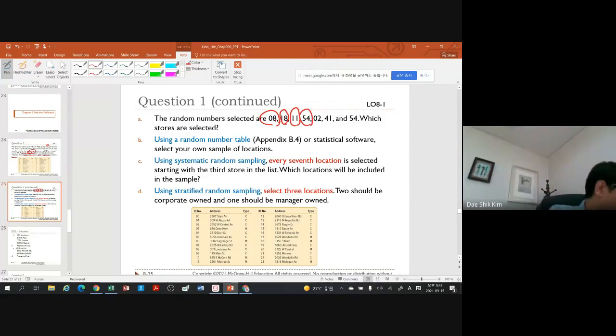So what is it? The sample size, a sample of 4 locations, is not identical. Anyway, I'll try: 02, 41, 54. 50 is duplicated. Which store will be selected?